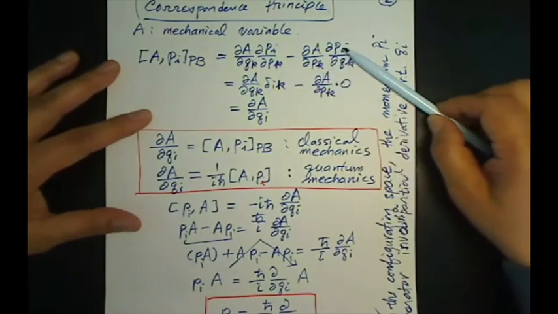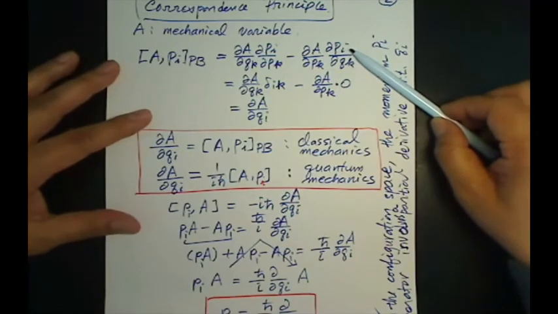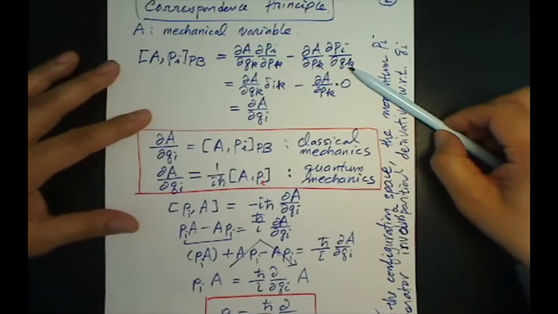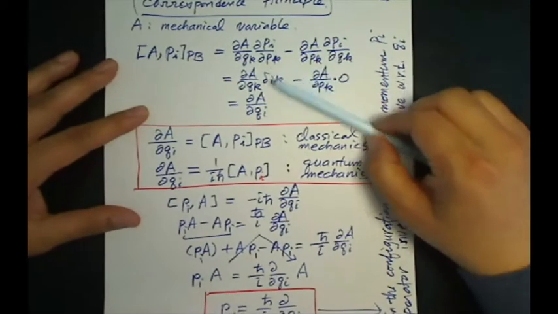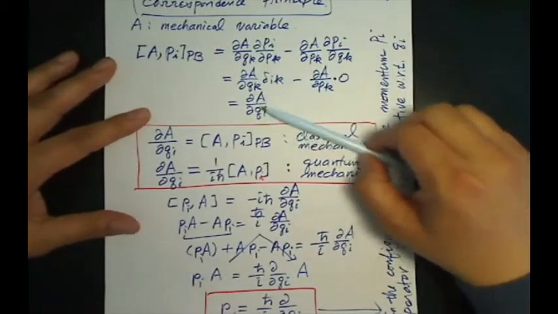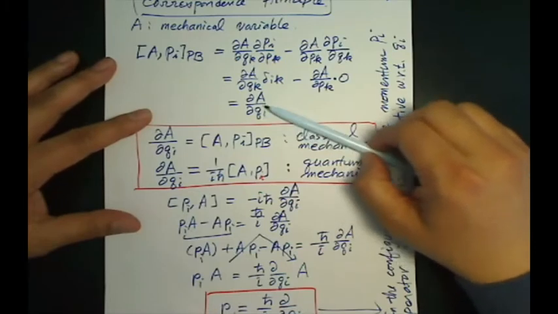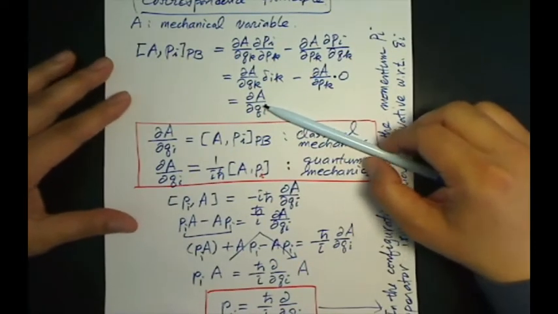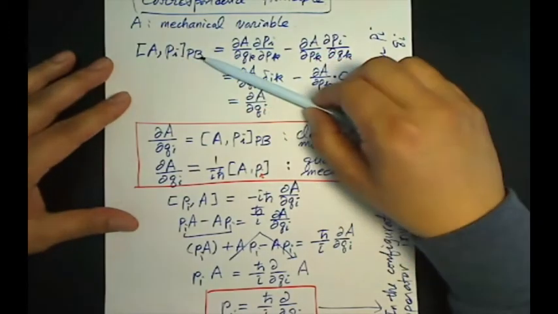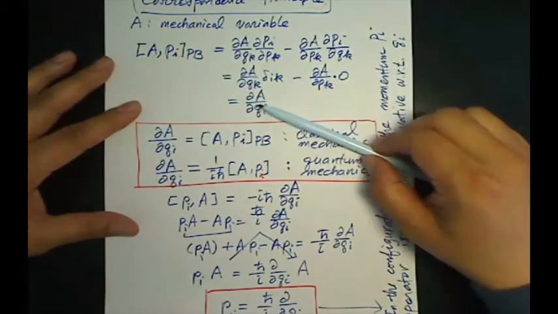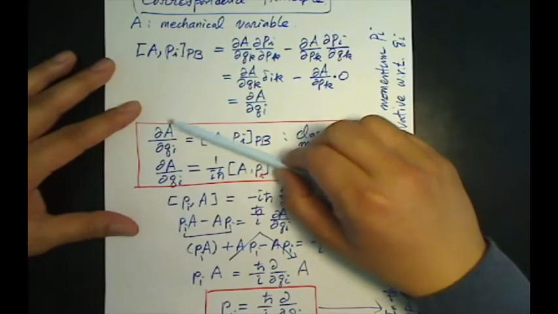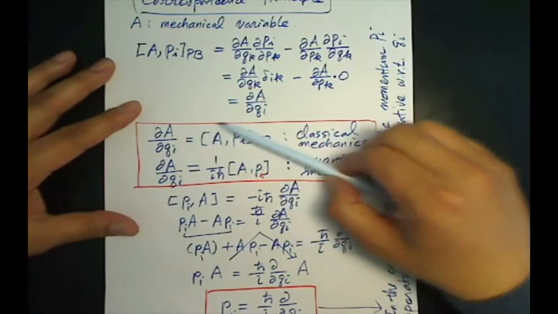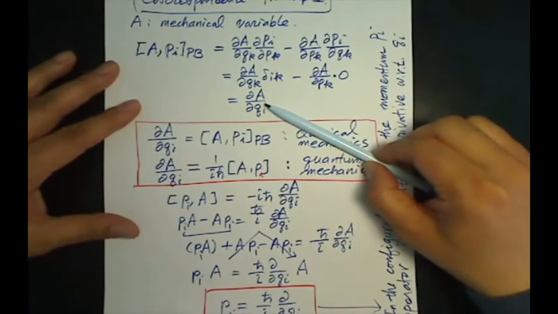The remaining piece vanishes because the momentum's derivative with respect to the coordinate is zero. This shows that the Poisson bracket of A and p is the derivative of the mechanical variable A with respect to the generalized coordinate q.